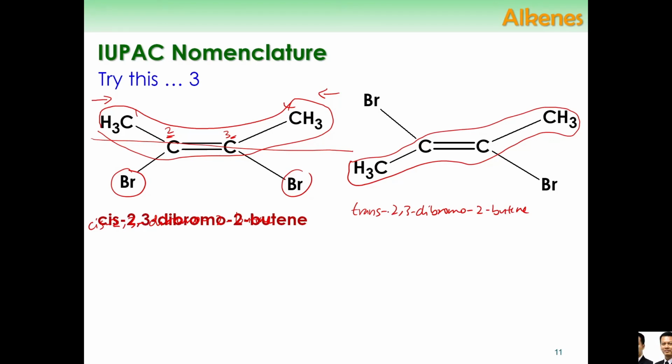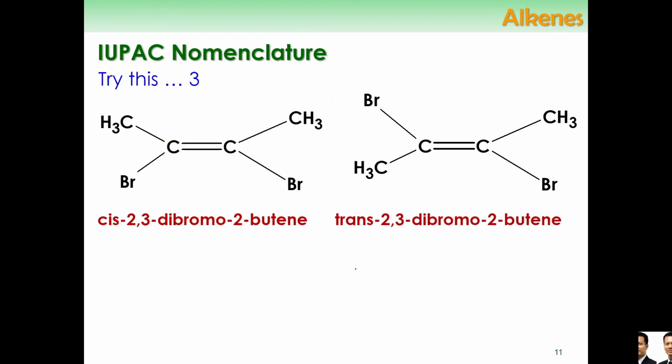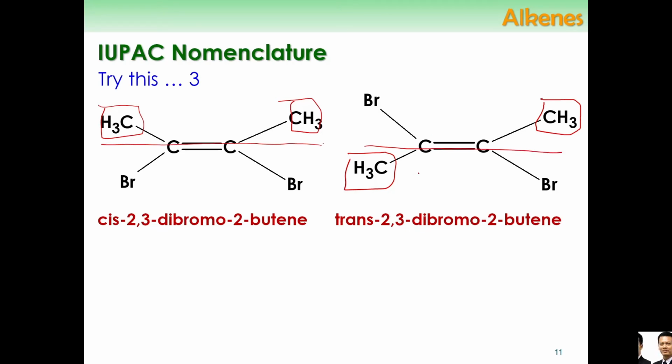Okay, so that is cis, and this one is trans. Why is it trans? Because this one is opposite. Why is this one cis? Because this one is on the same side when we cut along the double bond. This one is opposite, so it is trans.